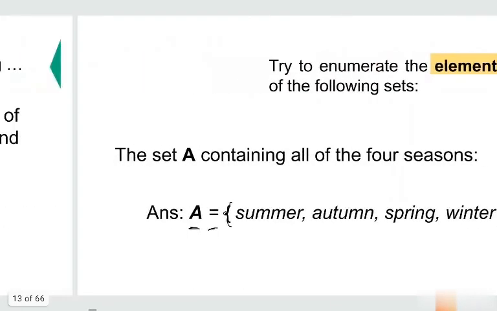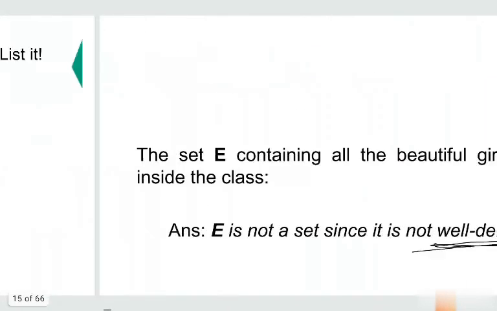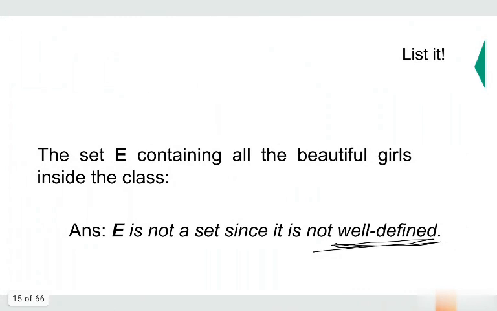Itong mga nauna, bakit sila well defined? Tapos itong set of all beautiful girls is not well defined. Because it's subjective rather. Syempre, sino ang magiging hurado para makapagsabi kung sino yung pamantayan ng kagandahan, di ba? So, we can't list the set.